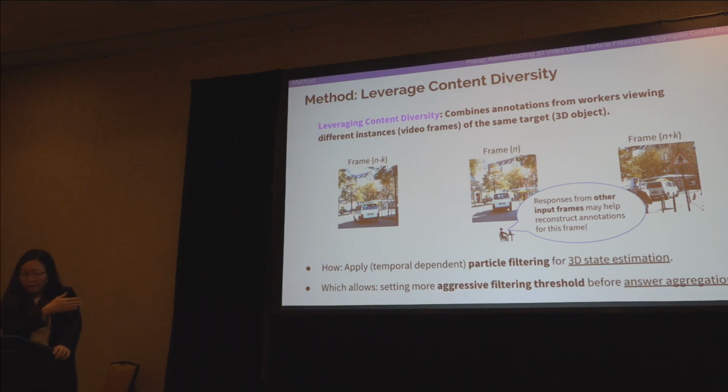But as you can see at the white van, it's really hard to see the length dimension because it's hidden because of the view angle. But if you look at the previous or next frame, the length dimension is visible. So our idea was, what if we can integrate and borrow the annotations from these neighboring frames? And we used a particle filtering based aggregation method to do this.